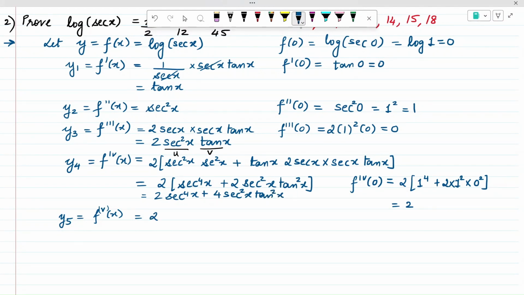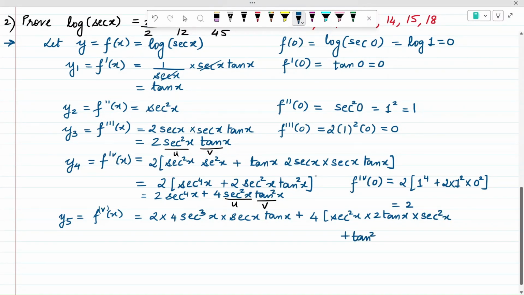Okay. So the derivative of the first one will be 2 into 4 sec cube x into the derivative of sec x, which is sec x tan x, plus this will be the UV rule: 4 times u as it is, tan square derivative will be 2 tan, and the derivative of tan is sec square, plus v as it is, that is tan square as it is.